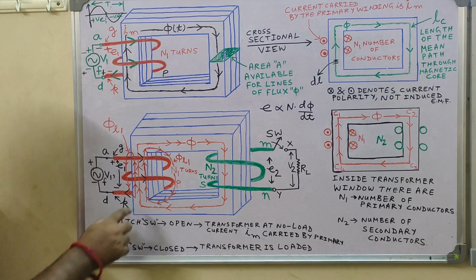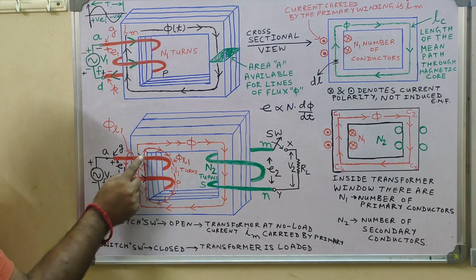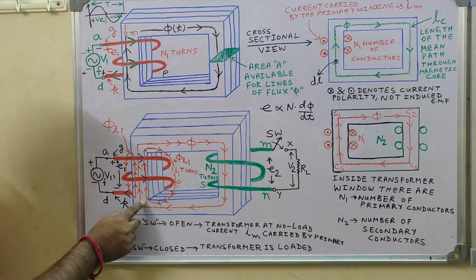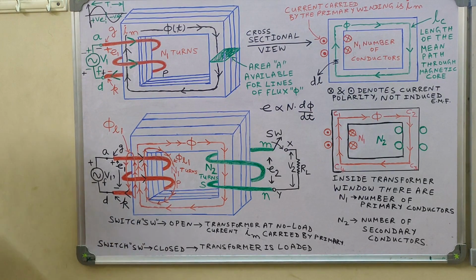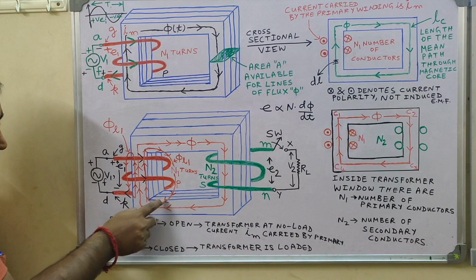So you can find that the leakage flux phi L1 will have a nature which is very much predominant with the BH relationship which is applicable for air gap. So there is a relationship between B and H. B means the magnetic flux density, H means the magnetizing field intensity. So the relationship between the B and H curve will be the same as that which is valid for air gap in case of leakage flux, because the path of the leakage flux is mainly through the air gap.